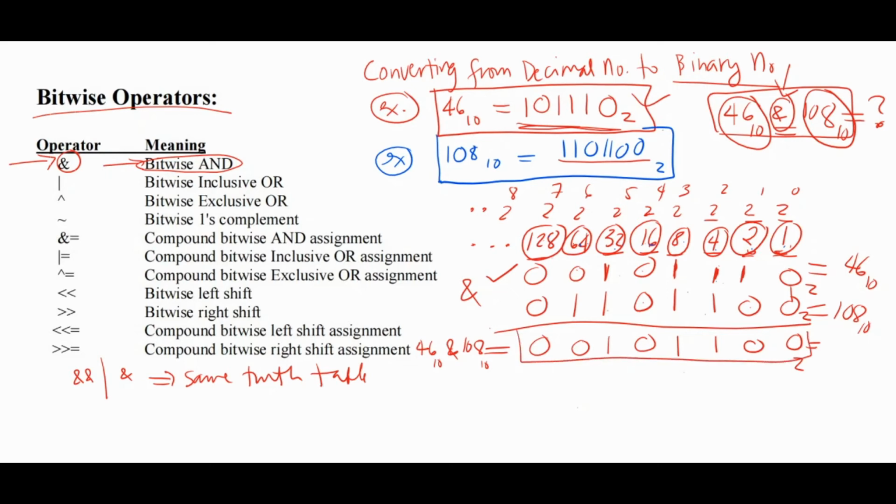This is 1, so it is 32, plus this is 8, plus this bit position has integer value 4. Only 3 bit positions have a value of 1. And so this is 32 plus 8 plus 4. What is the sum? It's equal to 44 base 10.